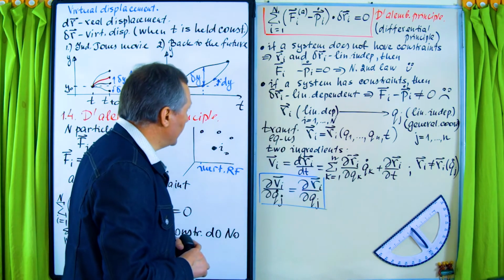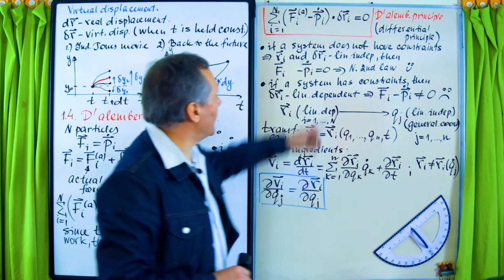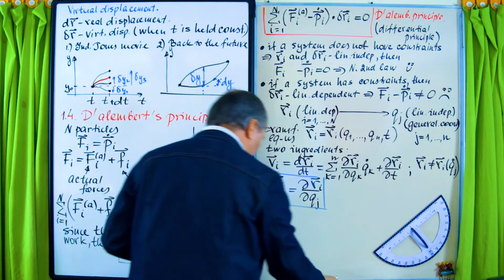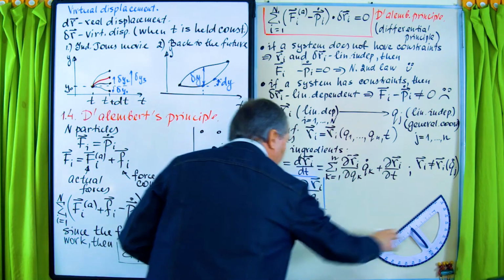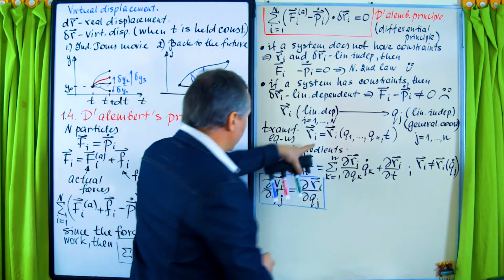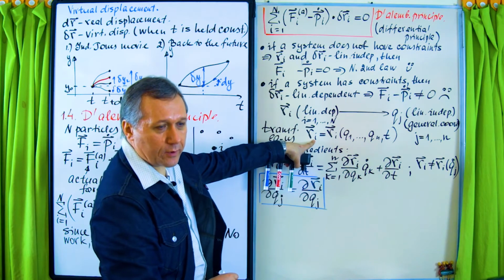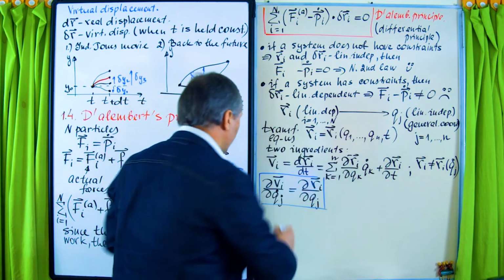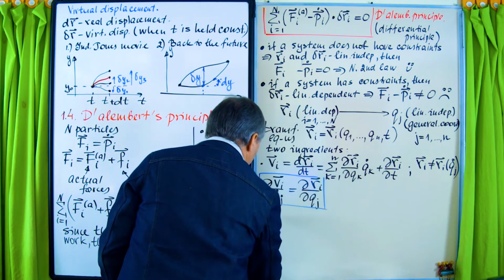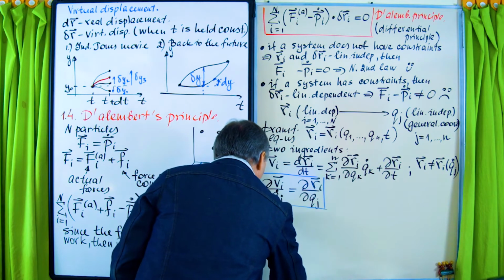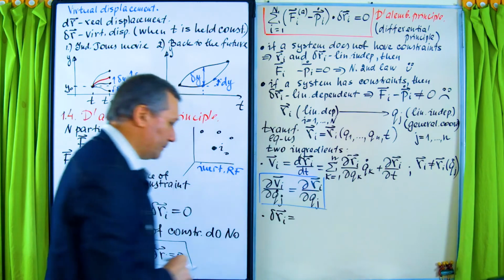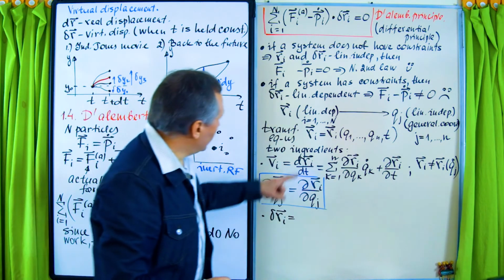Now the second ingredient: let's look at the variation of r, again in terms of q. After that, we should be able to start making a transition. It all comes from the transformation equation relating these coordinates. So this is the first ingredient, this is the second ingredient. The variation of r_i, delta r_i, is very simple.